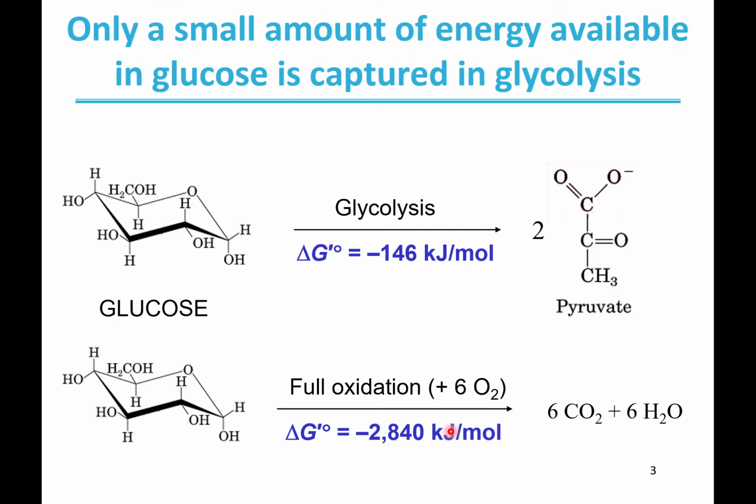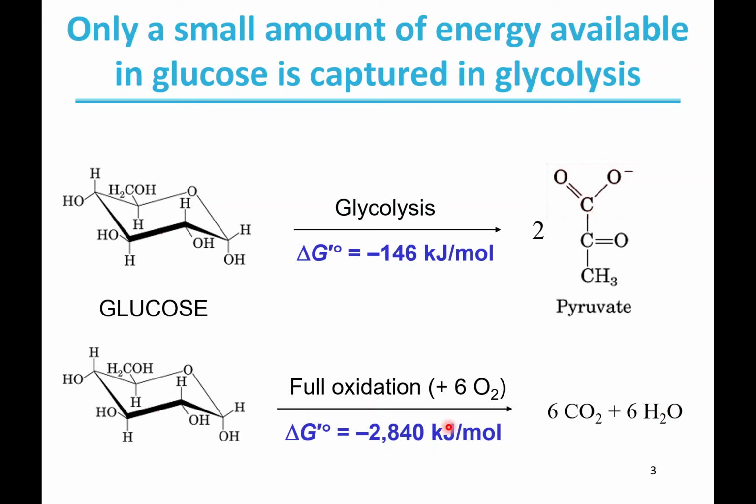If you look at glycolysis and how much energy is produced in terms of a delta G value, you add up all the delta G values for all the steps in glycolysis, and you get an overall negative value, but it's fairly small compared to if you took glucose and did a combustion reaction and fully oxidized it to CO2 and water.